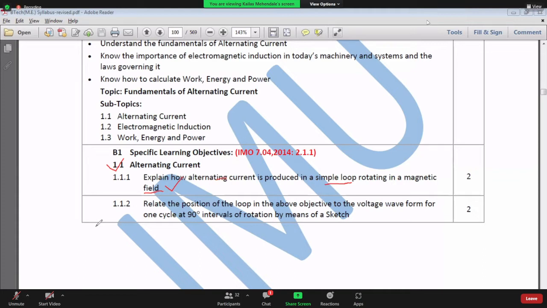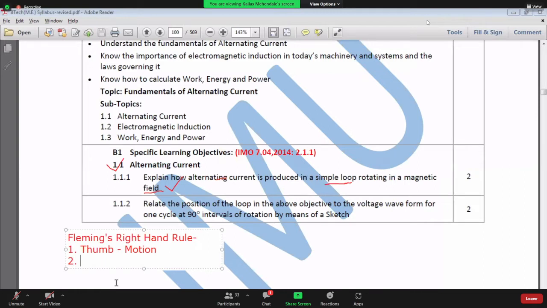Do we remember what the three fingers represent? Fleming's right hand rule, absolutely correct. The thumb is for force or motion. The first finger is for magnetic field.